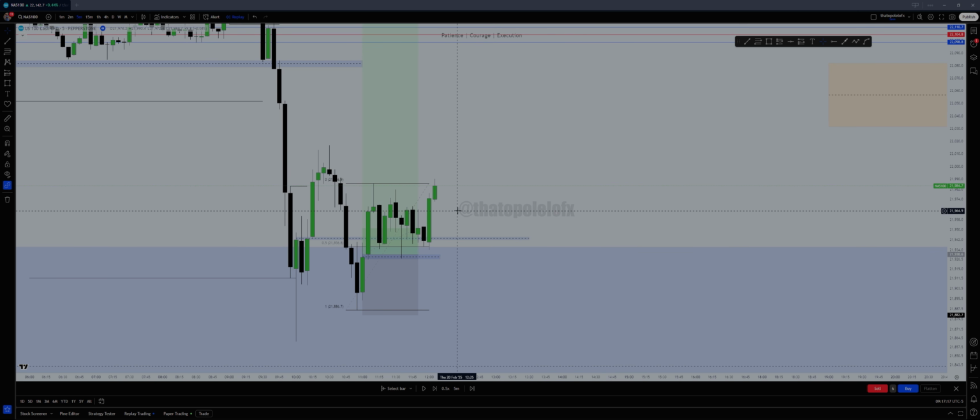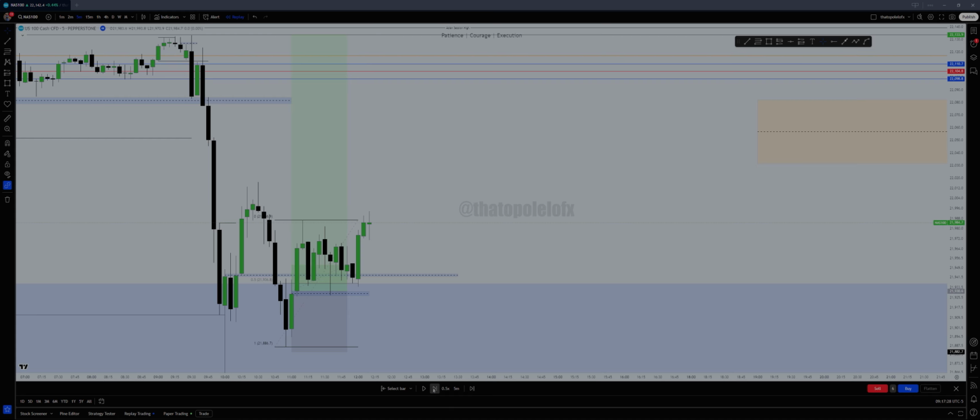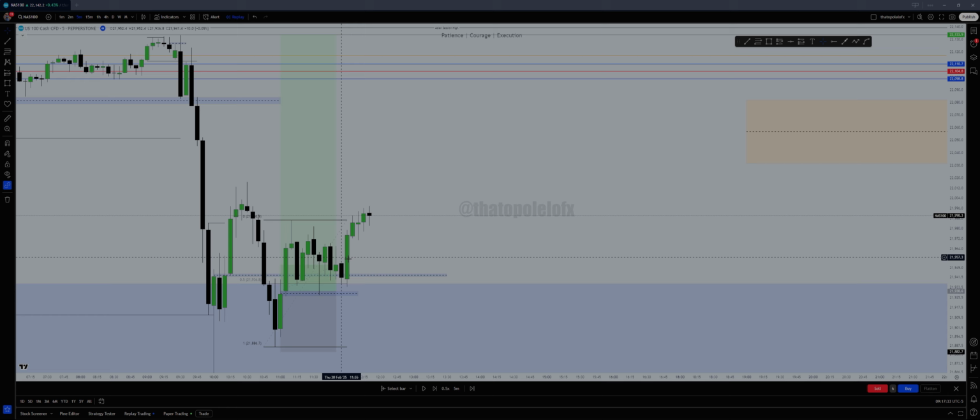And then during the New York PM session, I got another entry. Let's fast forward this. This also could have been another entry. This is a fair value gap, a market structure shift right here, and then price came back, but it's a gamble for me because price didn't even get to 50% of this fair value gap.